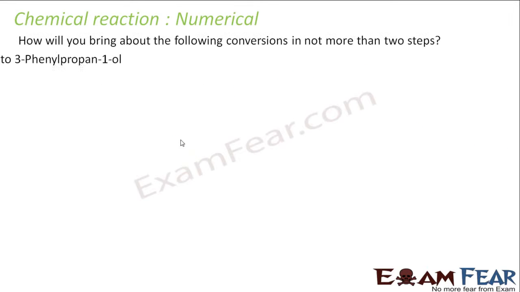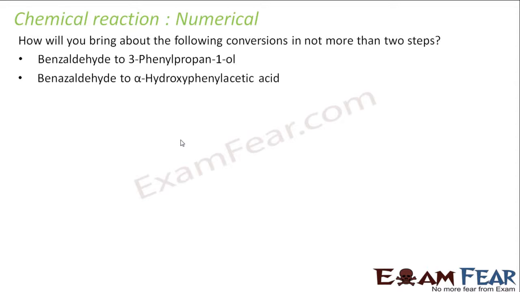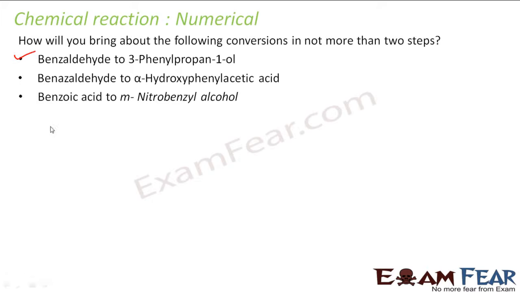The next is again we have to do this conversion. So let's see, the first is benzaldehyde to 3-phenylpropan-1-ol. This is my benzaldehyde. I have to convert this to 3-phenylpropan-1-ol. Let me see, 1, 2, 3 is propane, 1-ol, and at 3 I have a phenyl group. Yeah, this is what I have to create.